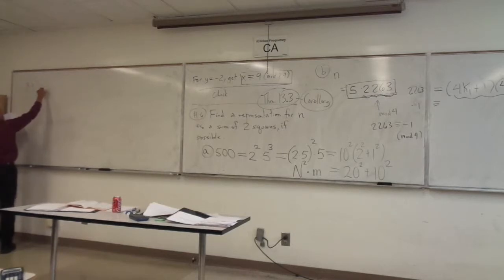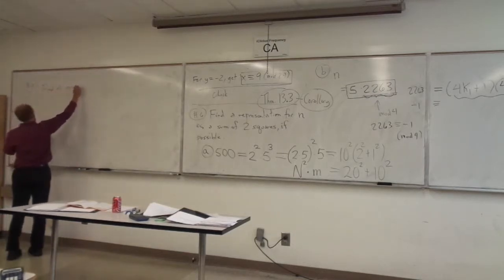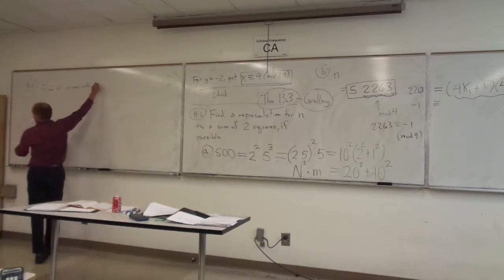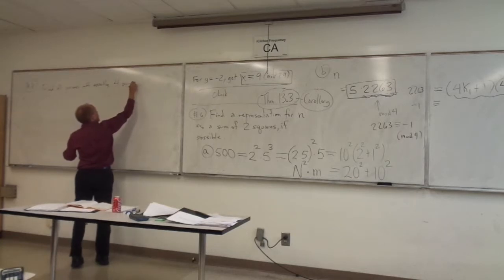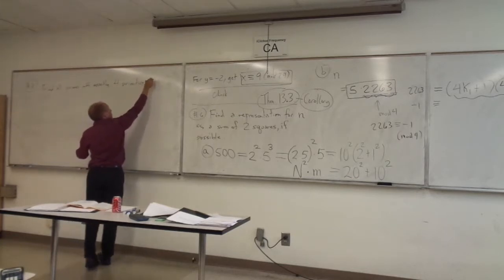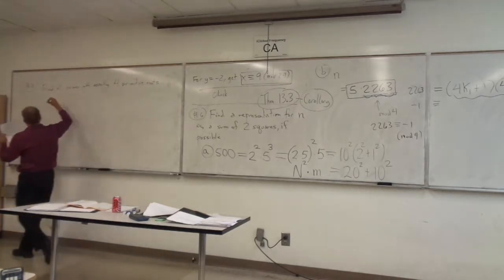Number 7: find all primes with exactly 4 primitive roots, and find all 4 of those primitive roots.